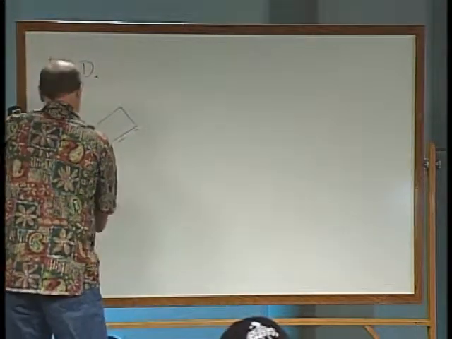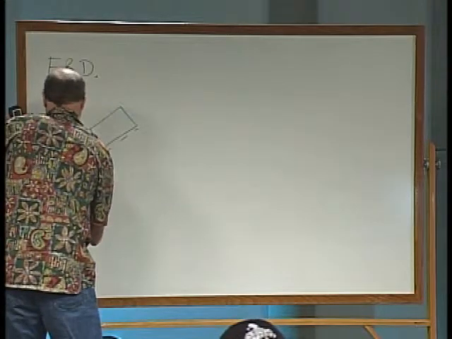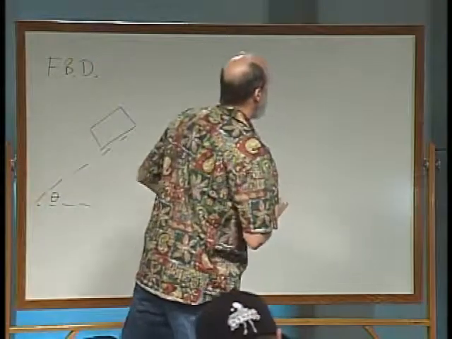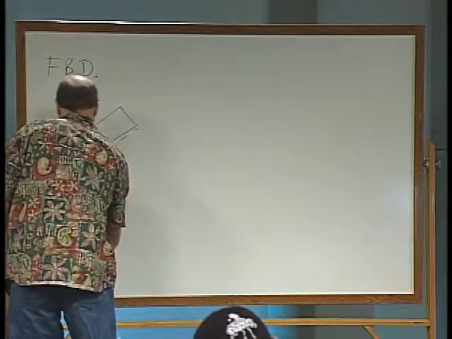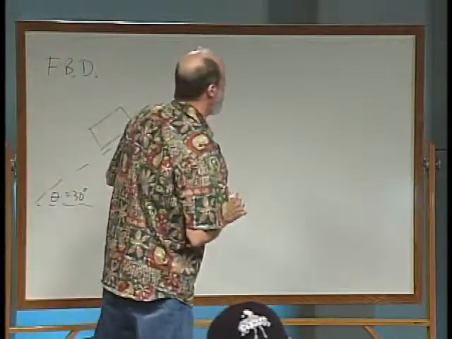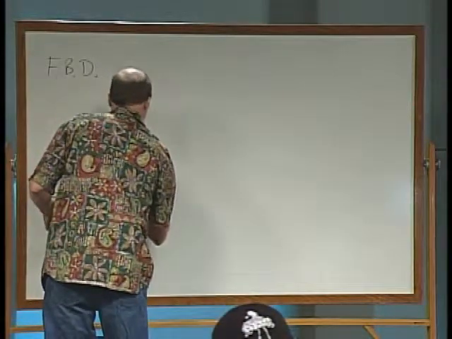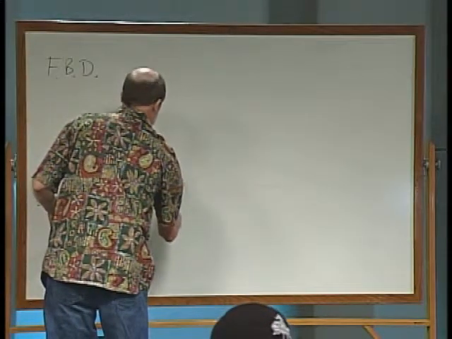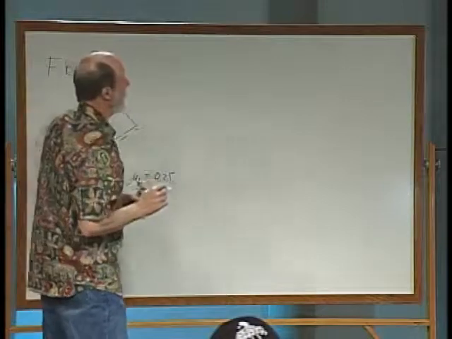So here's the object on an incline, at some angle theta, which they have prescribed as 30 degrees. They give us a kinetic coefficient of friction of 0.25, and I'll talk about that in a moment.